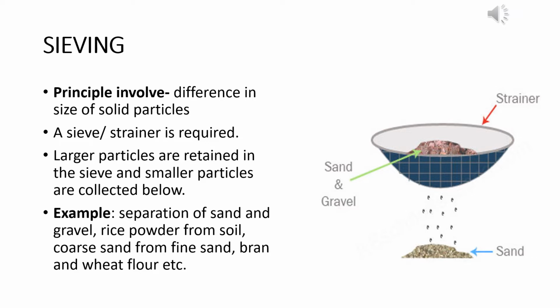Coarse sand from fine sand: here the coarse sand particles are larger in size, so they are retained in the strainer, and fine sand, being finer particles, is collected at the bottom. Bran and wheat flour: the bran has the larger particle size, so it is collected in the strainer and the wheat flour is collected at the bottom.